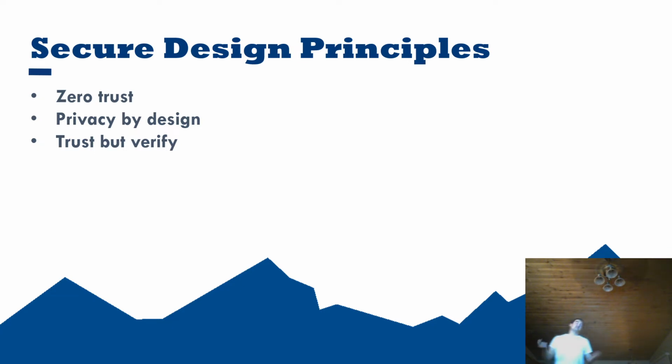So you have to balance that sort of thing. Can you trust your chief information security officer? You'd hope so. If you can't trust your chief information security officer, can you trust anyone in your organization? Maybe not. All right, privacy by design, as the name would imply.